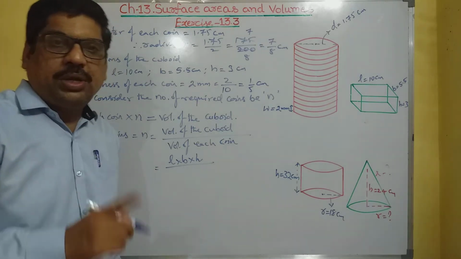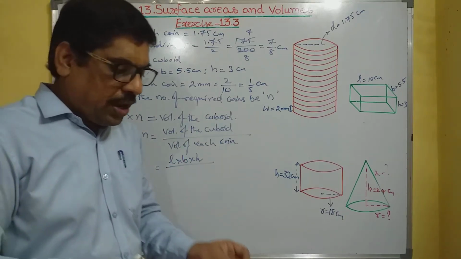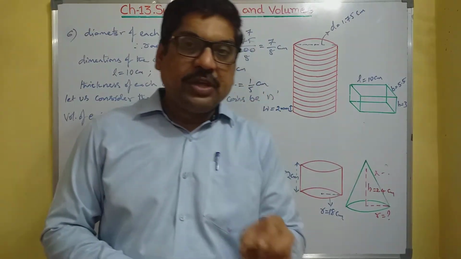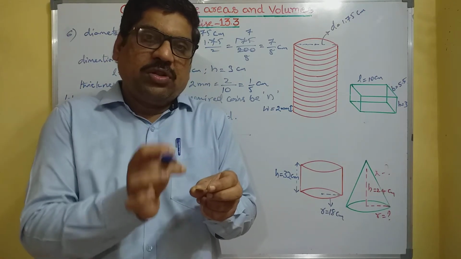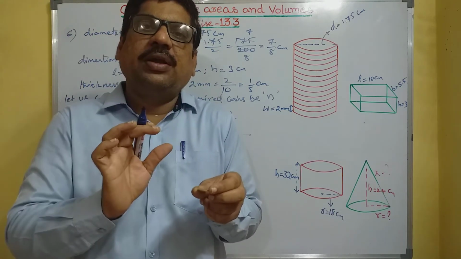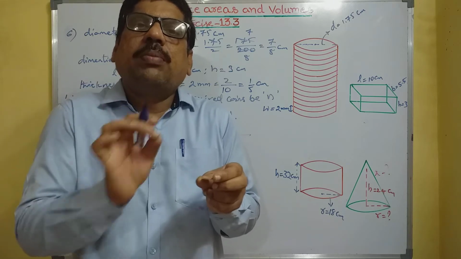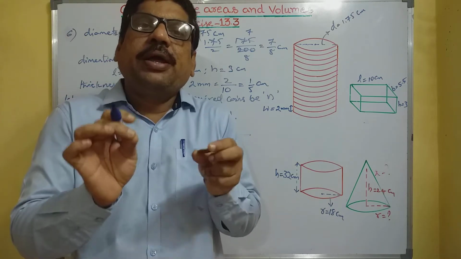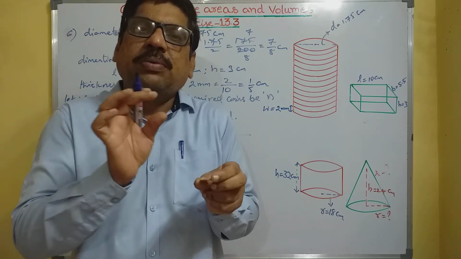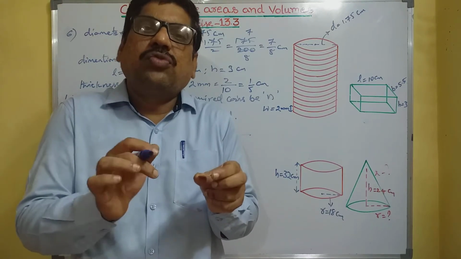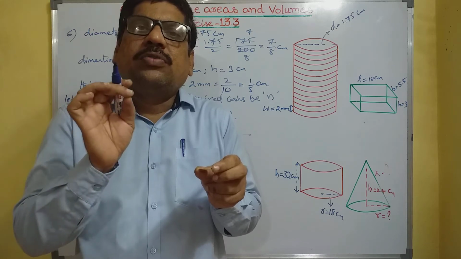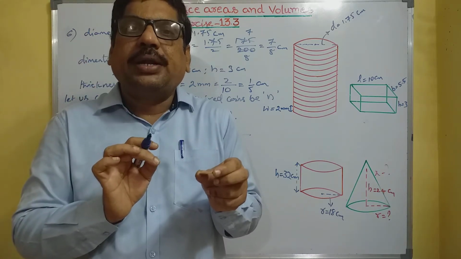Already I have told you that the volume of a coin can be considered as a cylinder. Why? Because if you keep many coins on this, we will get the shape of a cylinder. If you remove them one by one, the remaining part will also be in the shape of a cylinder. Finally we get one coin, that also will be a cylinder with the minimum height.